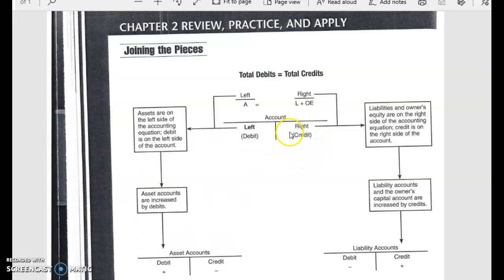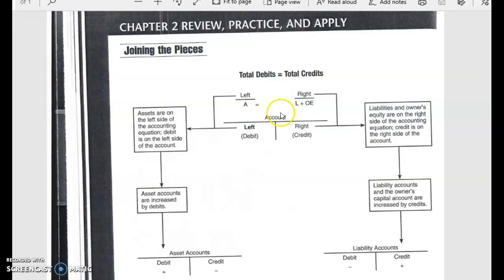The right side of the account is the credit side, and all credit means is enter it on the right side.